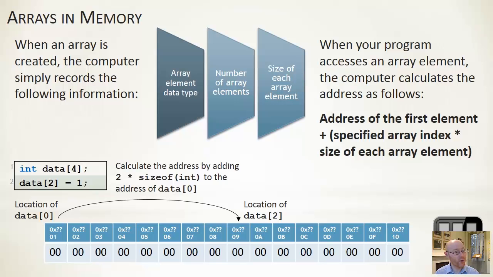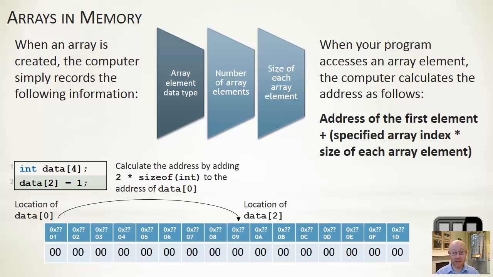So the example at the bottom is we've got our array of ints, total size of 4, and we're doing data[2], and setting it equal to some particular value. To calculate this, it doesn't start at the beginning of the array and jump forward 1, 2, 3, 4 until it hits the right one. Rather, it knows whereabouts data commences within memory. It knows we're interested in index 2. So it adds on to the start location 2 times the size of an int.